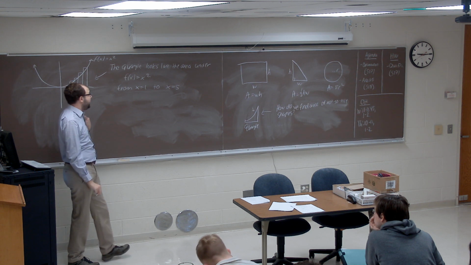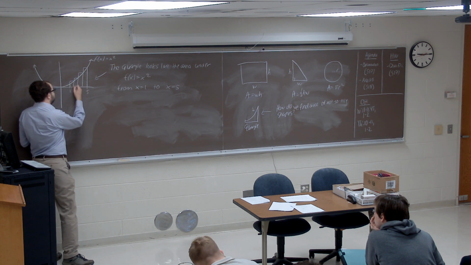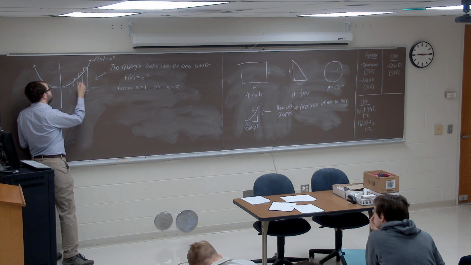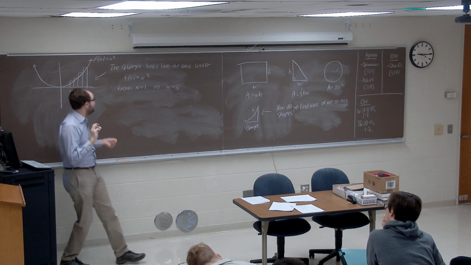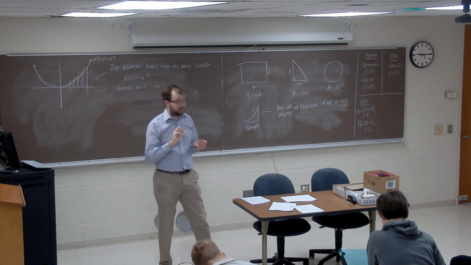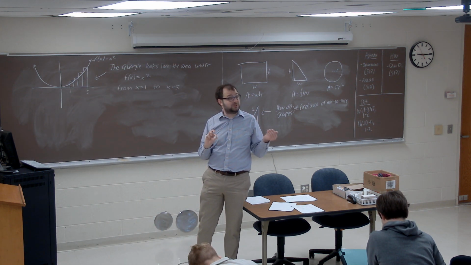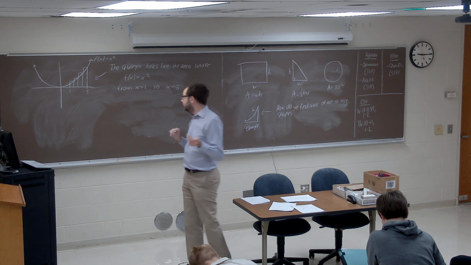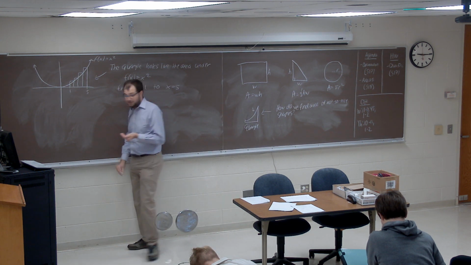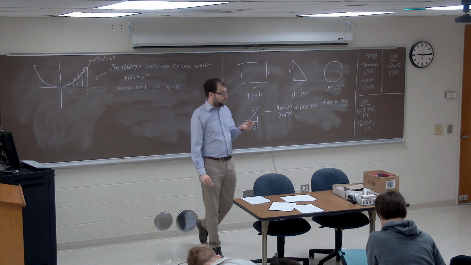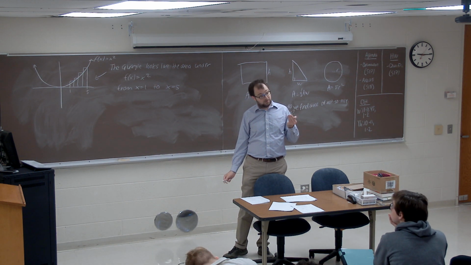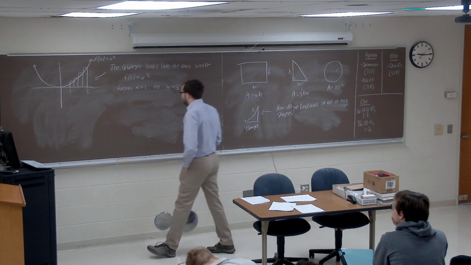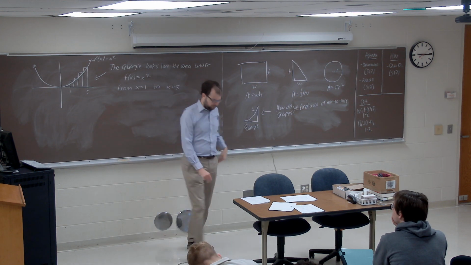And if we can find the area of these rectangles and add them together, what we should ultimately get is an approximation for the area underneath the graph of our function f of x, which in turn is going to tell us approximately the area of the quargle. And that is going to be the game plan.